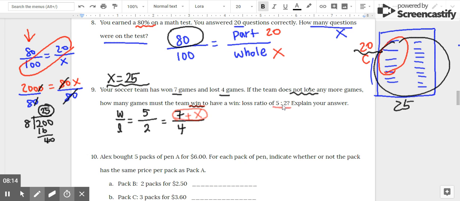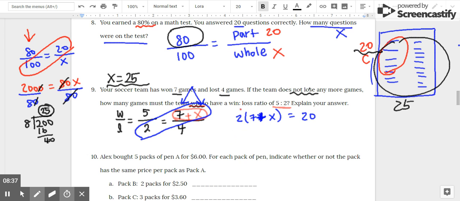So now I'm going to do cross multiplication. When you cross multiply, if you have more than one term, don't forget to put parentheses, and you do the other one, 20.